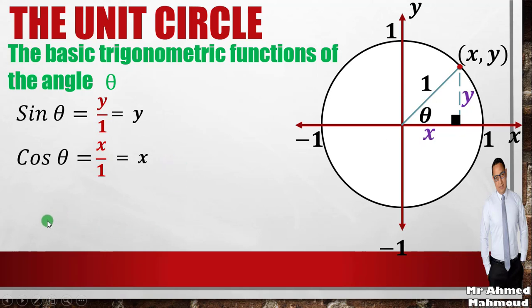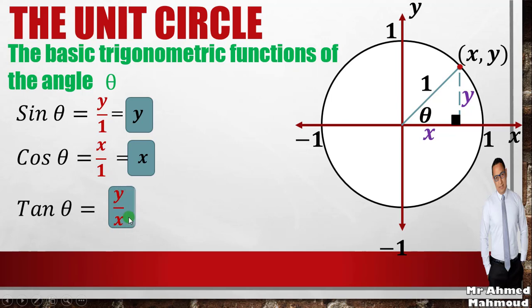Finally, tan of theta, which is the ratio between opposite and adjacent, is y over x. Now sine of theta equals y, cosine theta equals x, tan theta equals y over x, and this is for the unit circle. These are very important rules. Here x is the cosine and y is the sine for any point belonging to the unit circle.